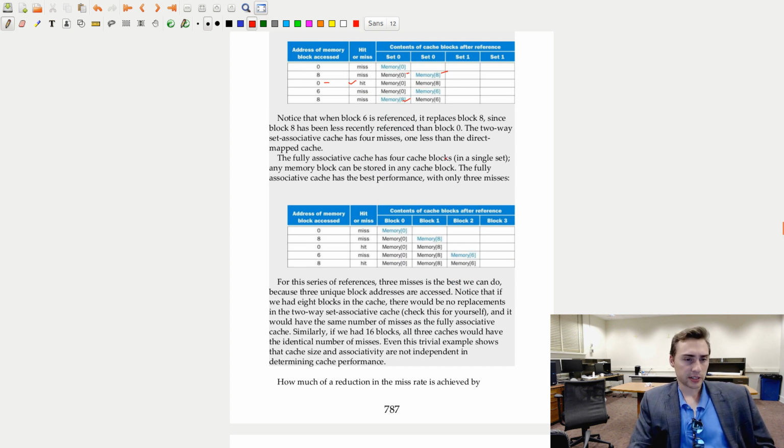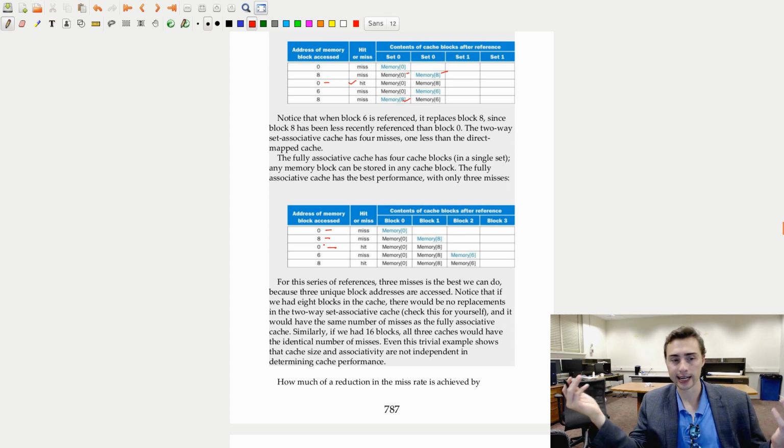So the fully associative cache, now we have 4 spaces that we can hold in memory. So in our first 2, intuitively, because we've never used the cache before, they're going to be a miss. Now in this case, when we access 0 again, we're going to get a hit, because that was already loaded into cache. We have 4 spots we can store it in, so we're not going to kick it out.